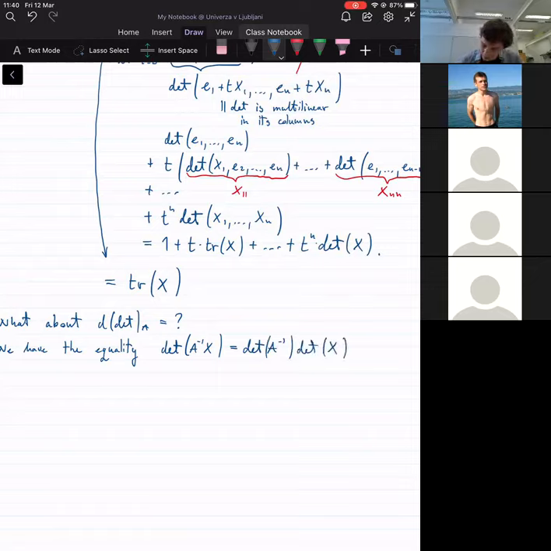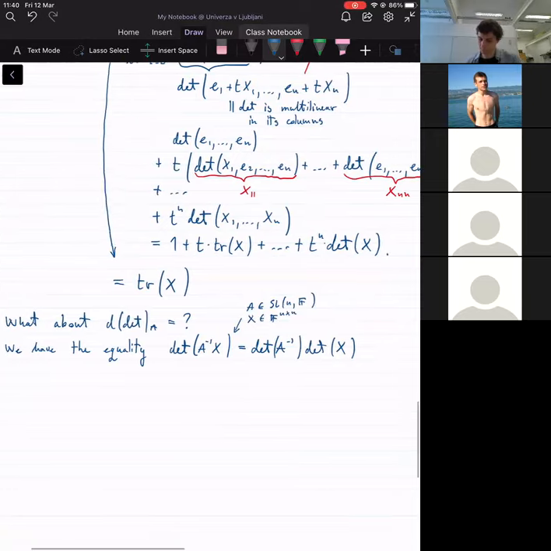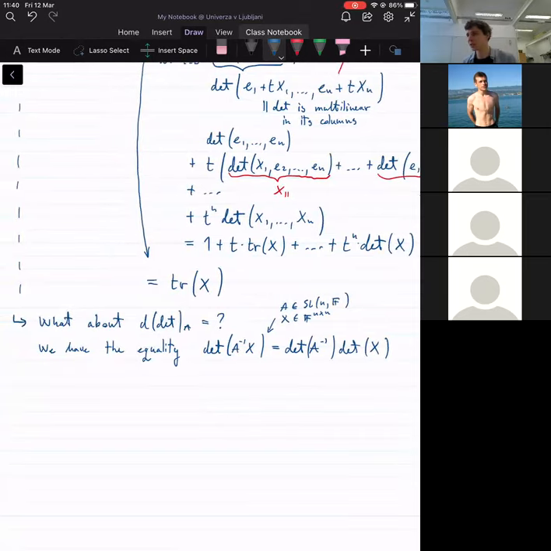Now A is from SL_n F, or GL_n F, and x is from F^{n×n}. Of course, this equality holds for any two matrices. A doesn't have to be from the special linear group, right? It's just the fact that the determinant is a homomorphism, right? That's all there is to it.